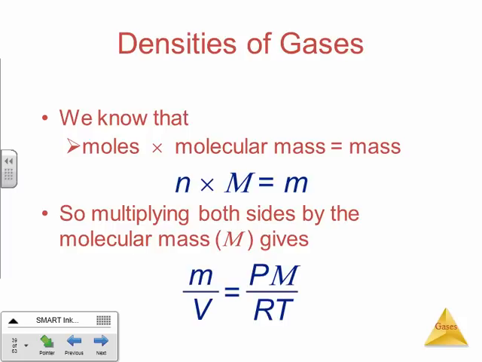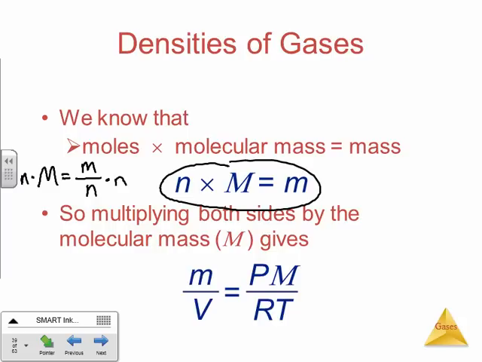If we want to know the molar mass of something, the molar mass is grams per mole, right? So molar mass is mass divided by moles, okay? That gives you the molar mass. And then if you rearrange that, multiply both sides by N here, and you end up with this.